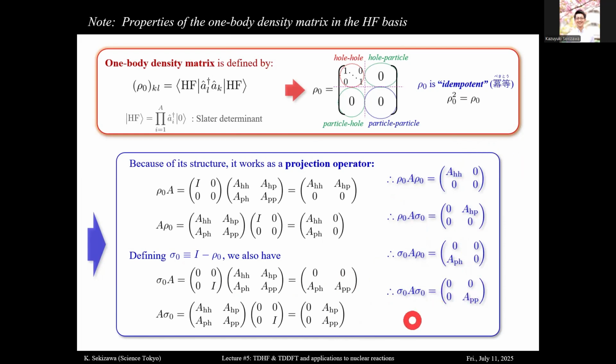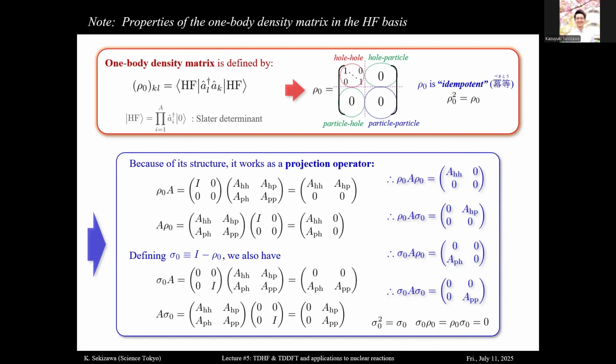So yeah, actually those properties are useful to manipulate the equations in the matrix form, and we will just use these relations. And this sigma 0 also satisfies these idempotent properties. And also, if you operate sigma 0 and rho 0, it becomes 0, since you can consider that these are projection operators.